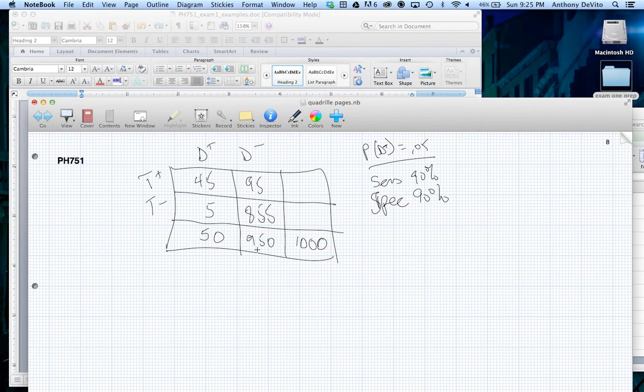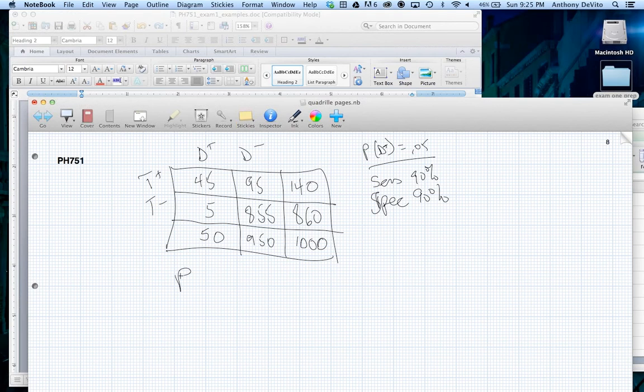No, 855. Yes, 855. Yeah, it adds up to 950. So the number of people in this population that get a positive test is going to be 140. Number of people that get a negative test is going to be 860. Okay, you guys can check my math for me.